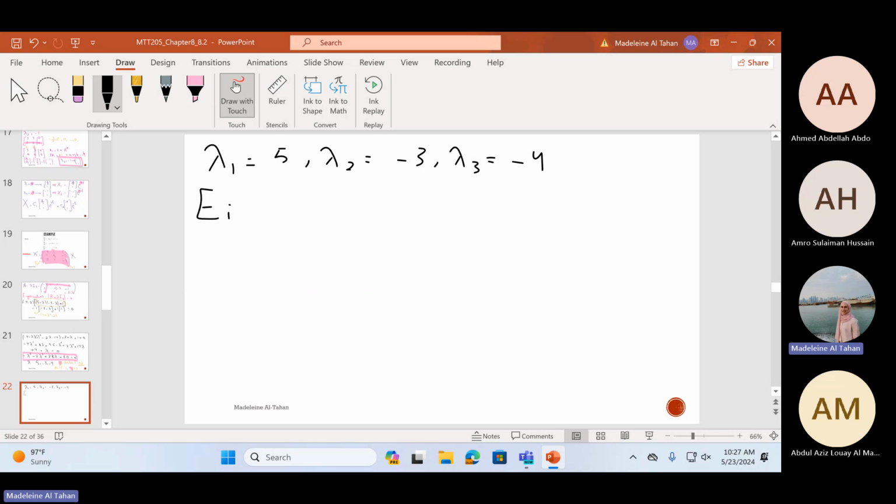So what do we need now to find them? Eigenvectors.